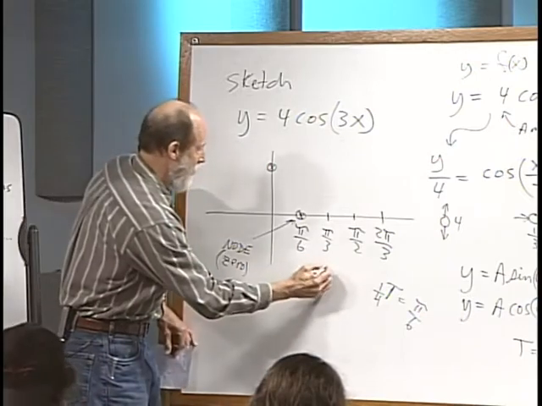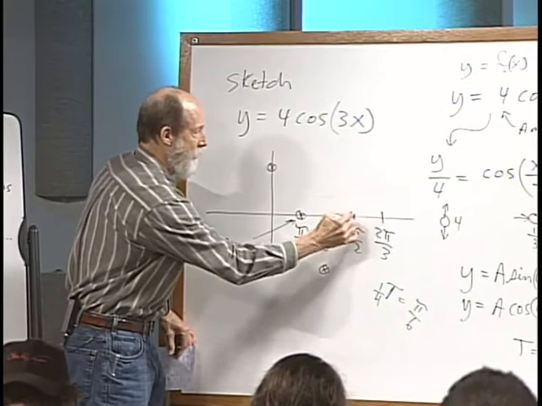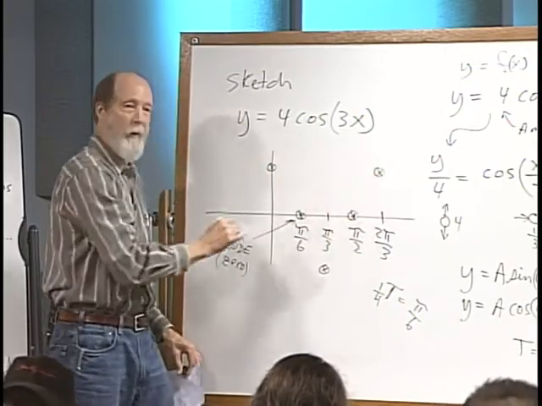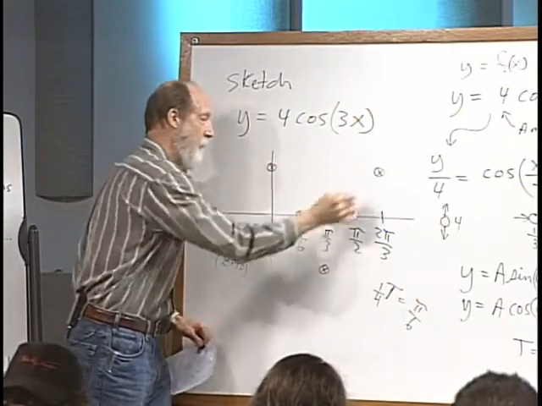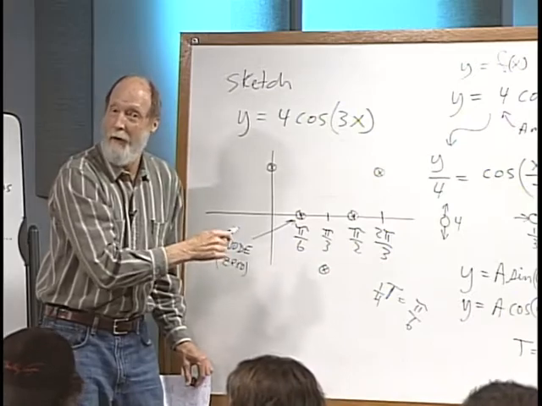And then it drops to a trough, comes back to a node, and back up to a crest. Once you have those 4 points, do we draw straight lines? No. We draw a nice smooth curve. So that's how you plot the points.